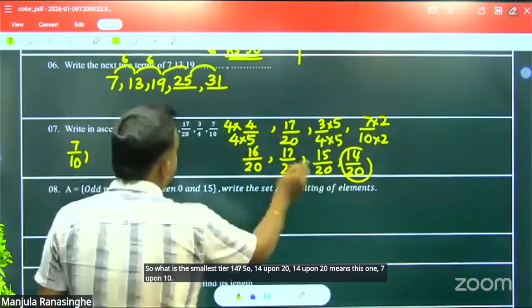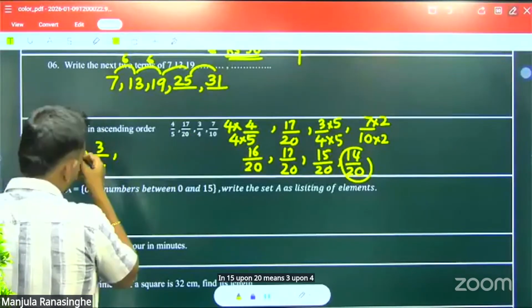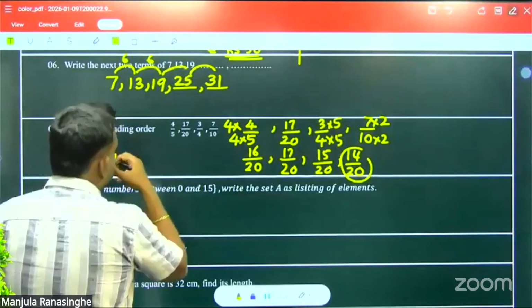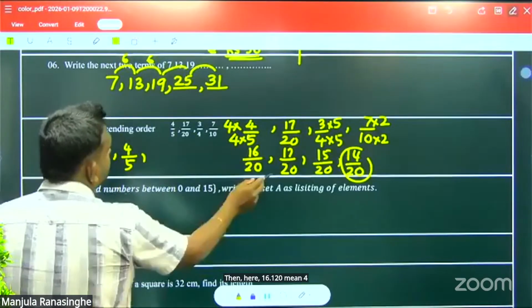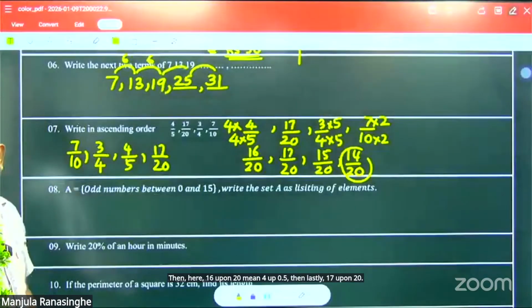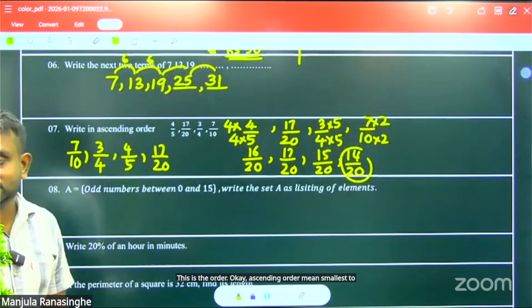Then 15 upon 20 means 3 upon 4. Then 16 upon 20 means 4 upon 5. Then lastly 17 upon 20. This is the order. Ascending order means smallest to the highest. Very good.